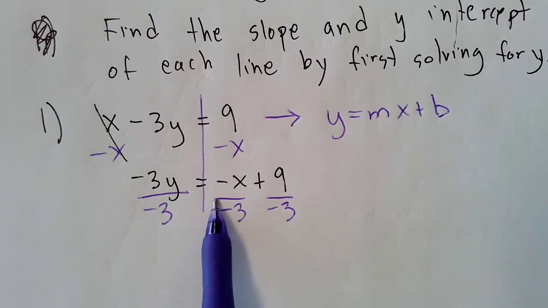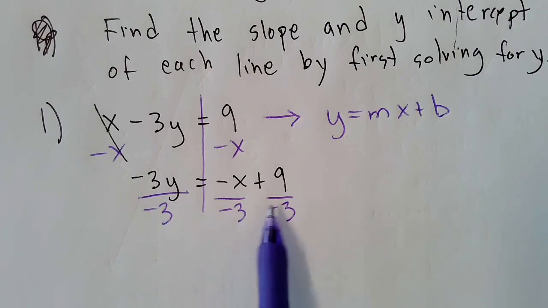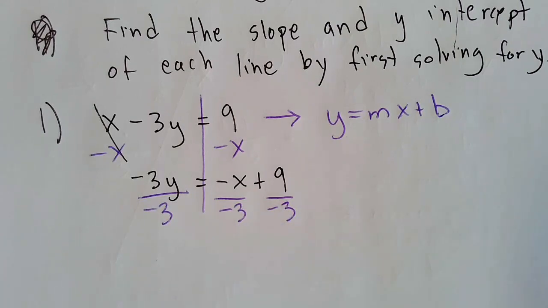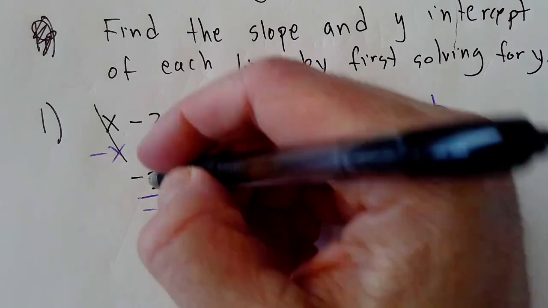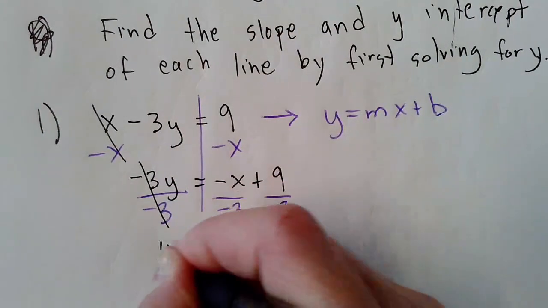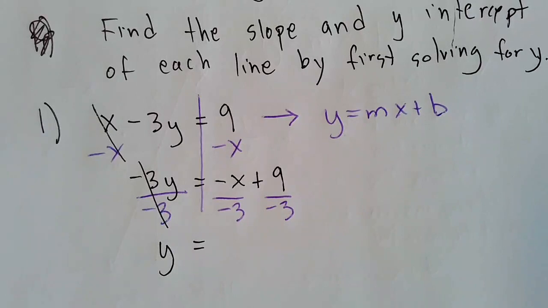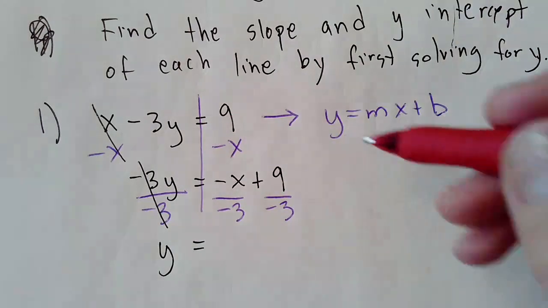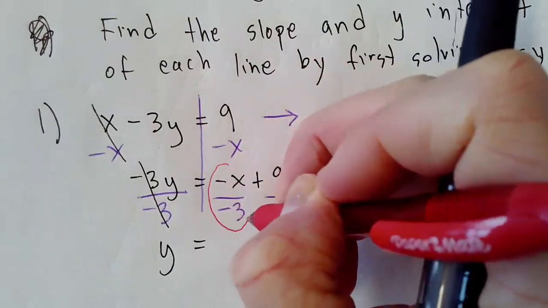So you could just put like one big fraction bar and negative 3, but this is more helpful to write it under each term. So then when we simplify this, on the left side we have y, which is what we wanted. We have solved for y. Now we simply need to simplify the fraction.